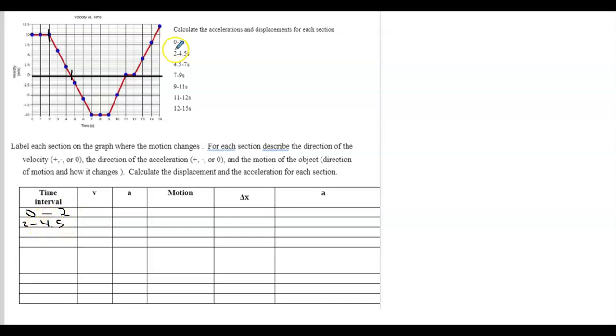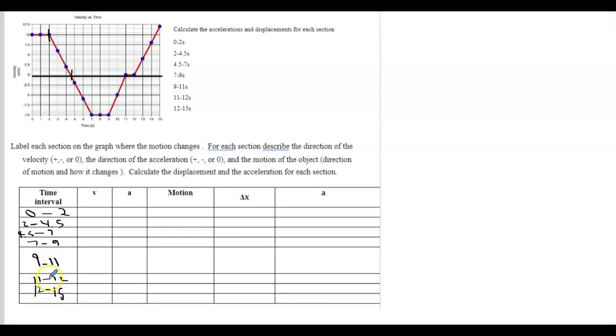So 4.5 is the end of this one, and then 4.5 to 7, and then from 7 to 9 looks like a certain type of motion, then 9 to 11, 11 to 12, and then 12 to 15. So those are the time intervals going on for the graph displayed here.